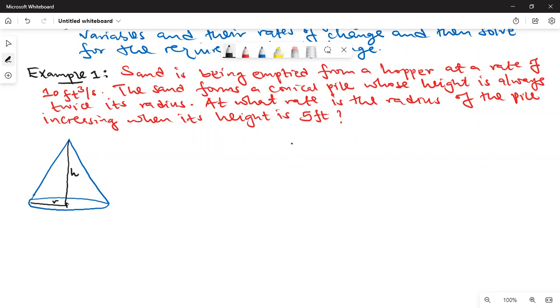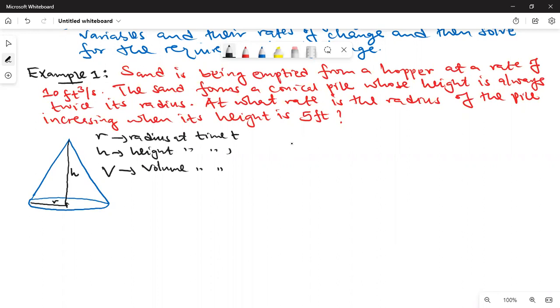So r is the radius at time t, h here is the height at time t, and V is the volume at time t.